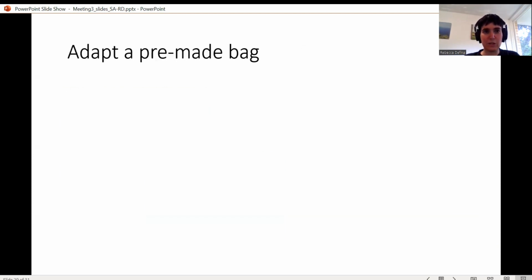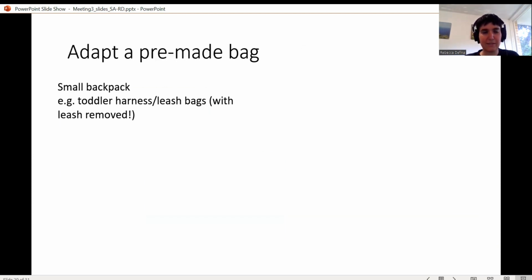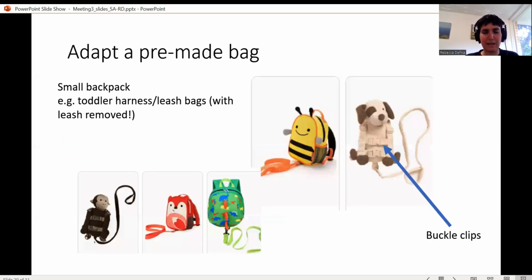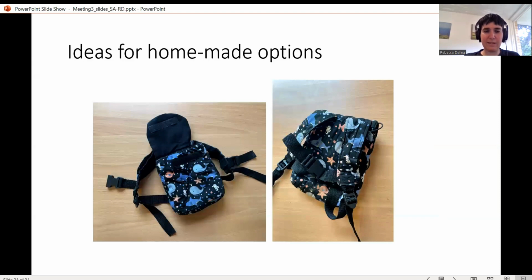And there's different ways you can do this. You can adapt a pre-made bag. There's lots of these small backpacks, like toddler harness leash bags. You've got to remove the leash, but these often come in cute little designs, and are nice child-sized bags. And Lucy Davidson has made a range of fantastic homemade bags, which are similar.